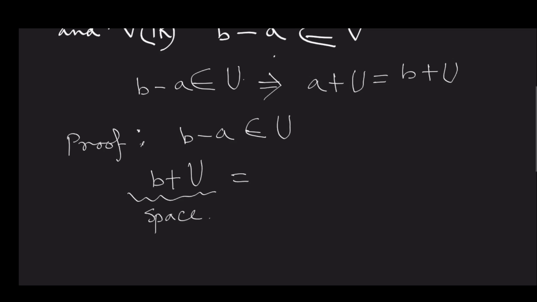However, this B plus capital U, you can write it like this. Here B, A, U are all elements, that is, vectors of a vector space.